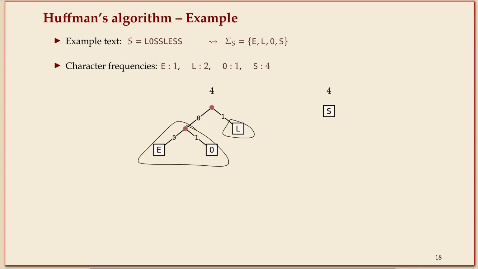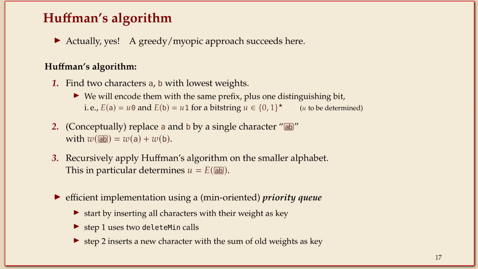Now, one thing I skipped was about the implementation. How would you implement this code using data structures you've already seen so that it runs fast? The potentially expensive part is this, where you have to find these 2 characters of minimal weight.